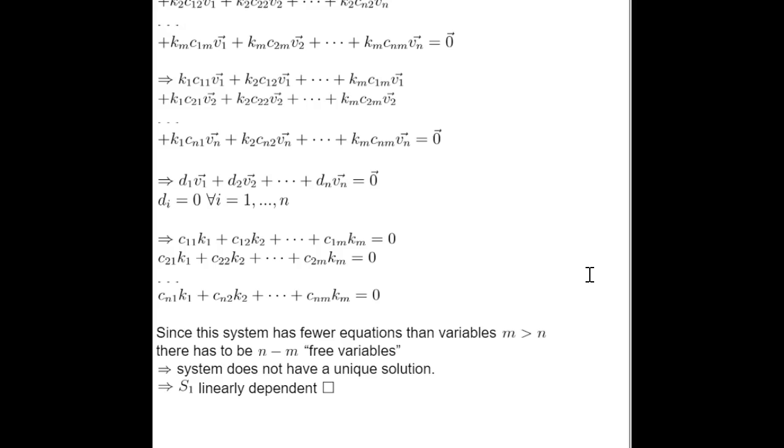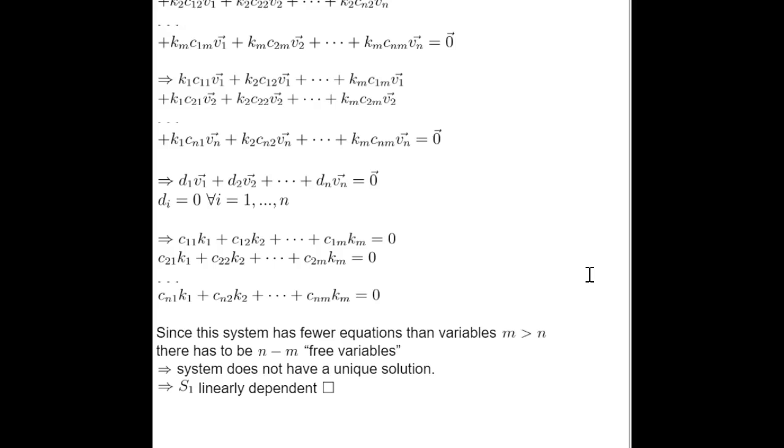Well, if m is bigger than n, then this thing has to have m minus n free variables, at least. So if you run this using Gauss-Jordan, you're going to get m minus n free rows. If there are m minus n free rows, the system doesn't have a unique solution. There's something that has to be parameterized. So if it doesn't have a unique solution, then it's not just 0, 0, 0, 0 for all of the variables, right?